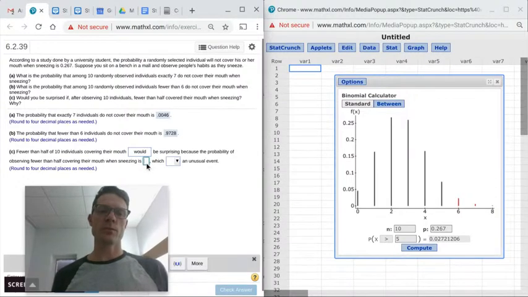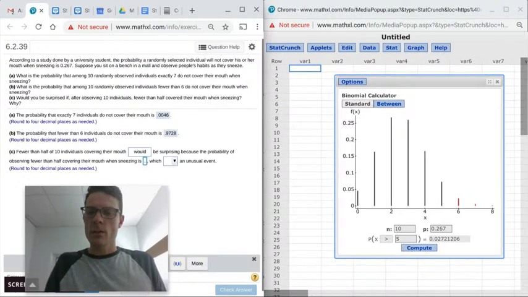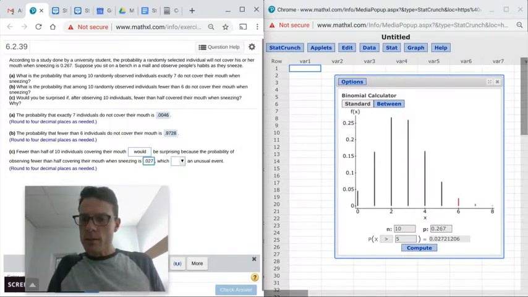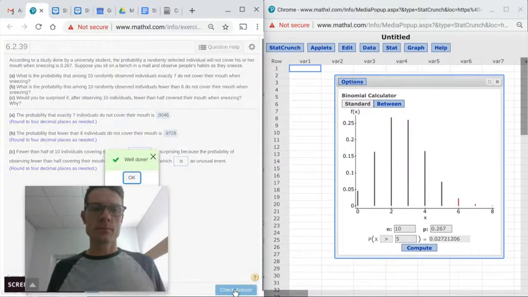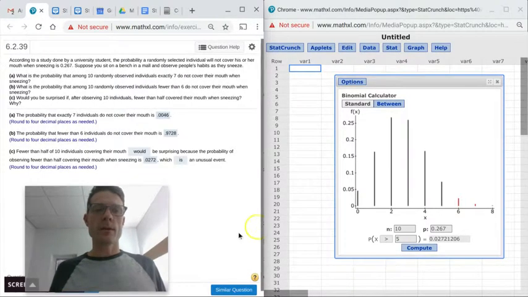It's less than 5%, which is how we are defining surprising, which is unusual. So I hope that helps a little bit with this problem.